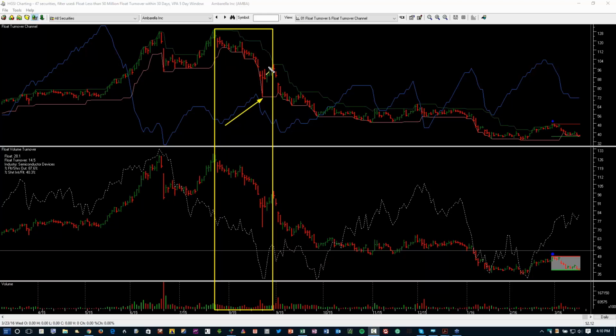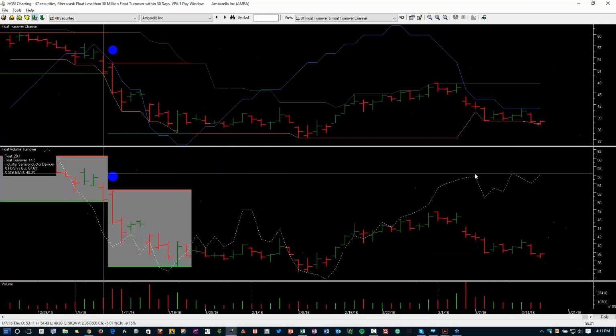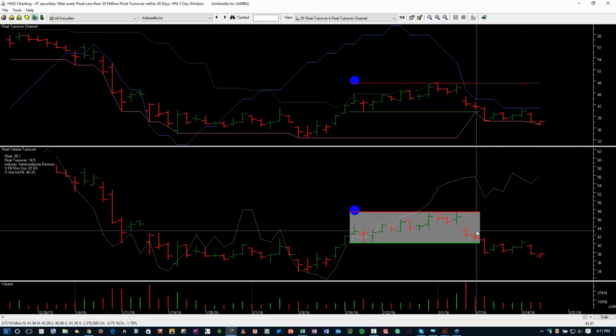So, I mean, there's no perfect correlation. You can see that, but you can certainly get a good idea of when the turnover is moving up faster. Now let's take a look at it right here. I'm going to zoom in on this to this point right now, and here's what Matthew was talking about.